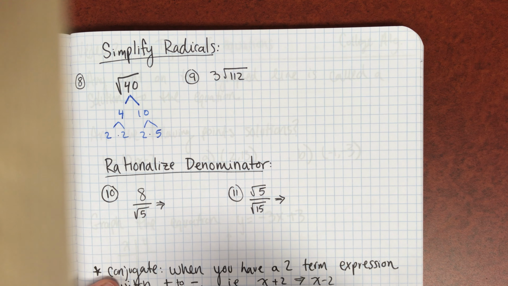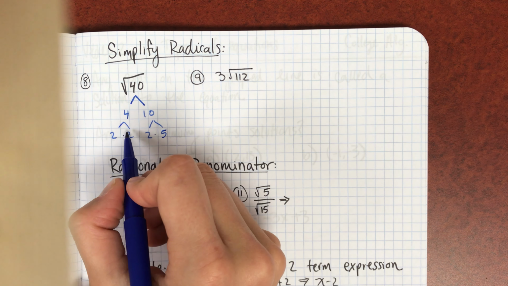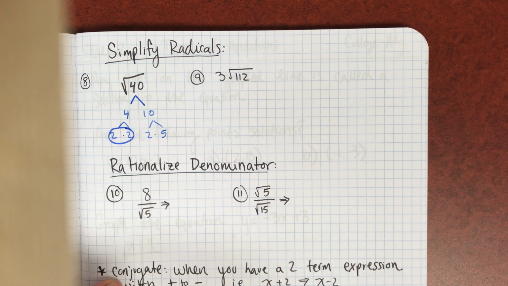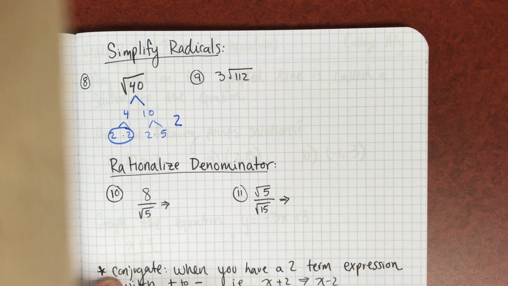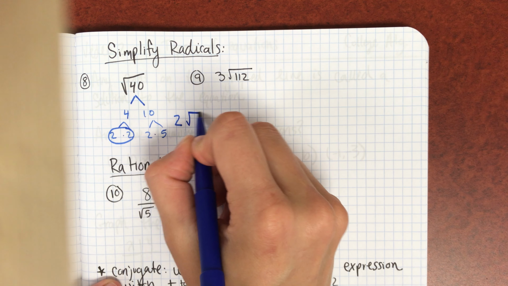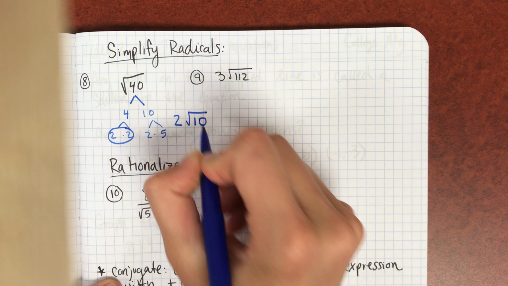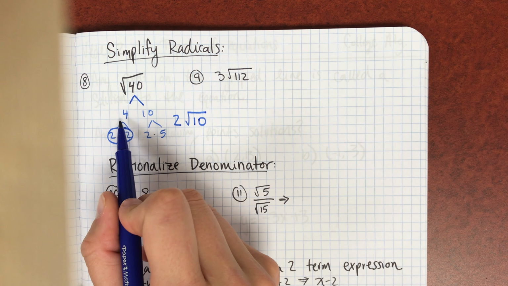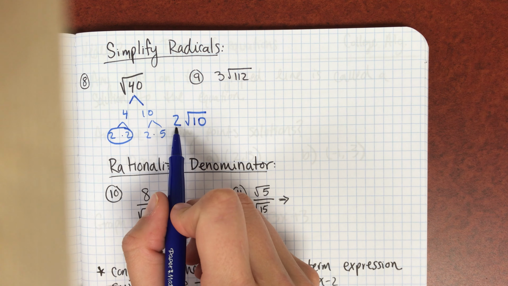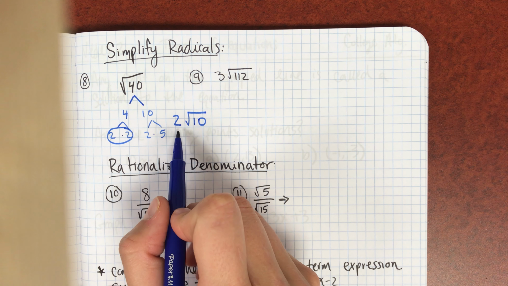Okay, remember we are looking for groups of 2. So there's a group of 2. Those become on the outside, and then we multiply what's left over and it stays in the inside. Okay, 4 is a perfect square, which is why we get a 2 on the outside for that.